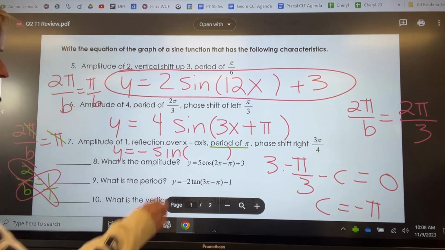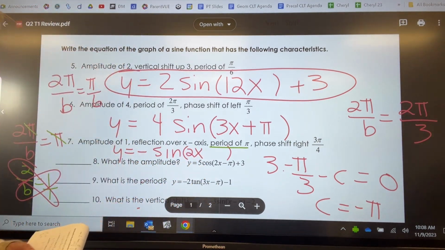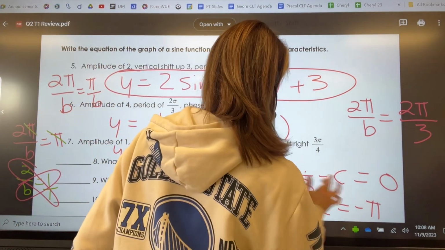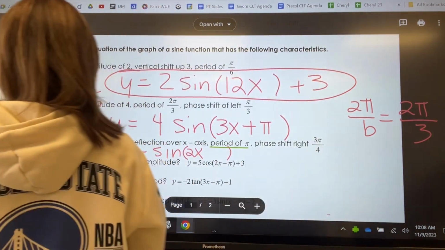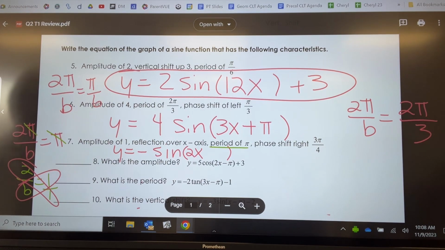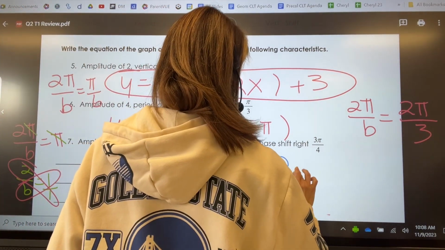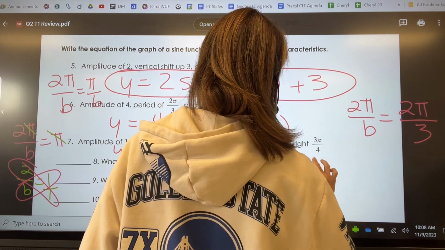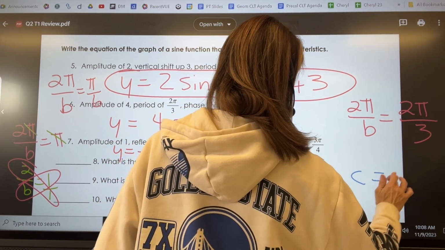So number 7, we got 2x. And the last part is the phase shift. Right, so that's going to be plus 3 pi over 4, in a different color. So we've got 2 times 3 pi over 4 minus c equals 0.